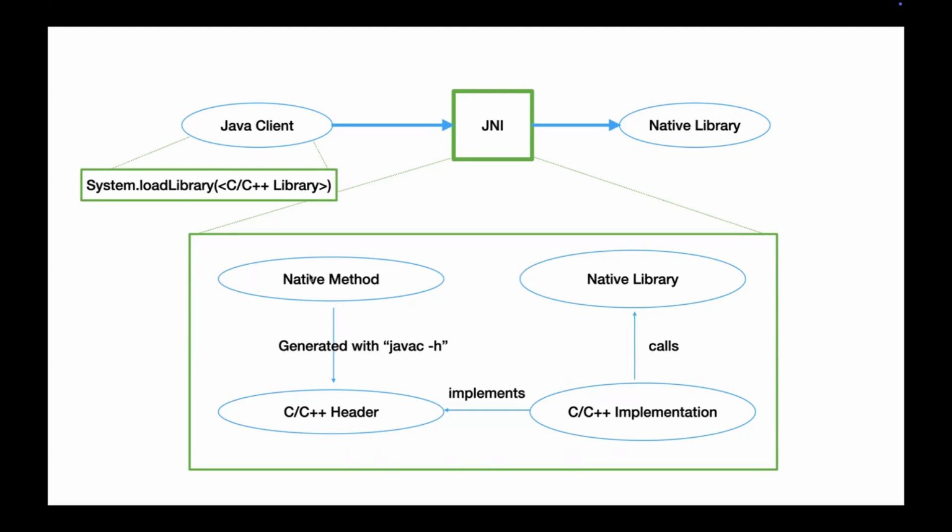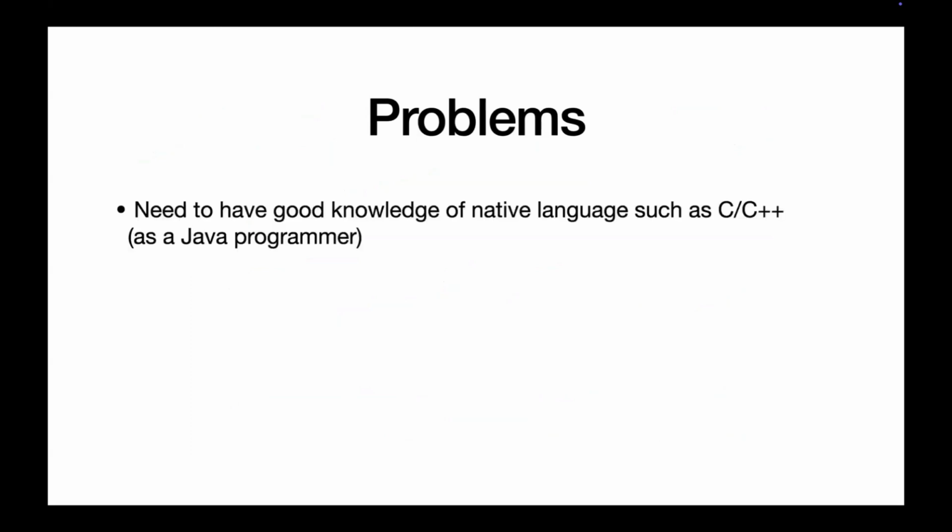But a direct call from your native method to the native library, without this detour, is not possible, and you have to leave your Java ecosystem. This is all written in C, and you as a Java developer may not have good knowledge about C or C++. So you need to have good knowledge about this language, or maybe you have someone in your team who has it.